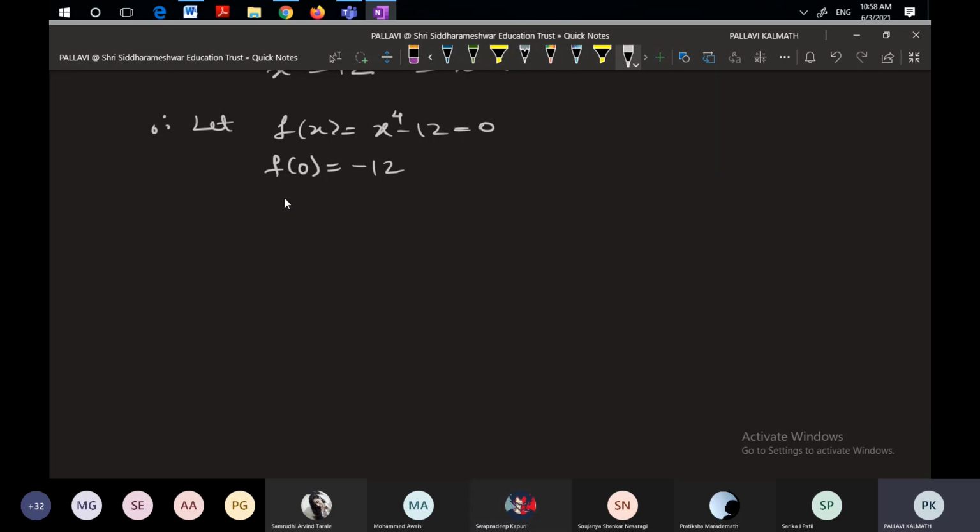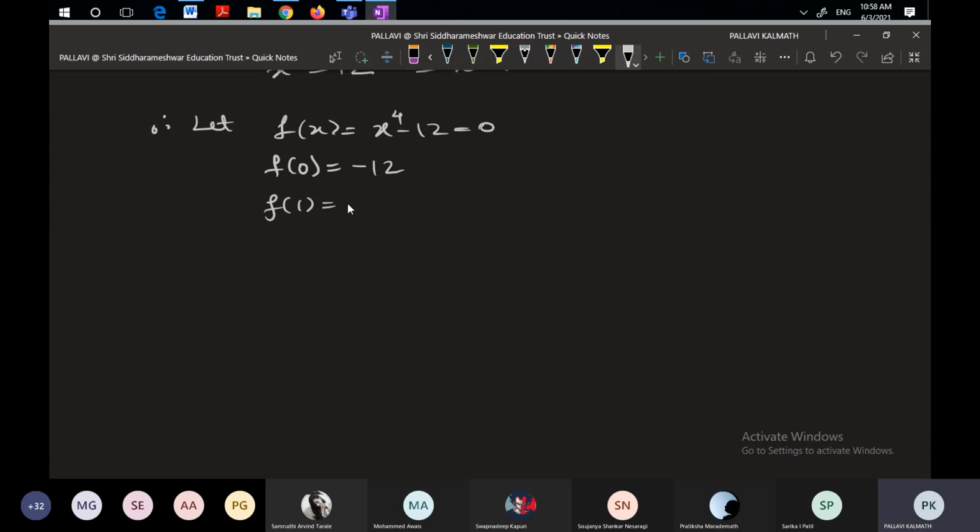Rahul is here? No. Ritin is here? Yes, ma'am. Ritin, what is f of 1? Is it a difficult equation to solve and tell?